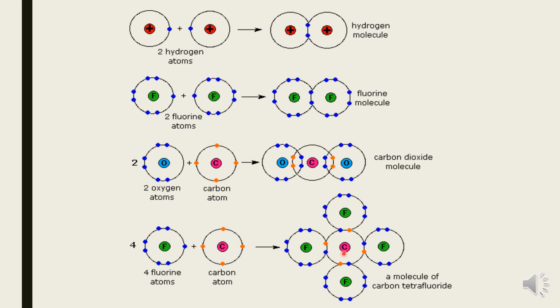One single bond will form with this carbon and this fluorine. Another single bond will form with this carbon and this fluorine. Another single bond with this carbon and this fluorine, and the last and the fourth single covalent bond will be formed with this carbon and then this fluorine.